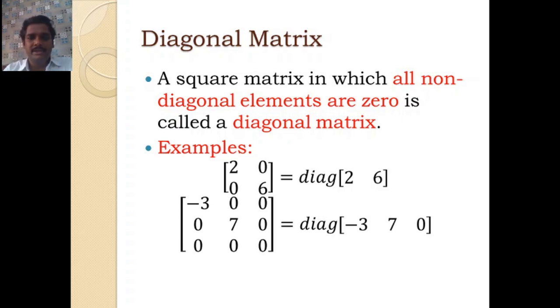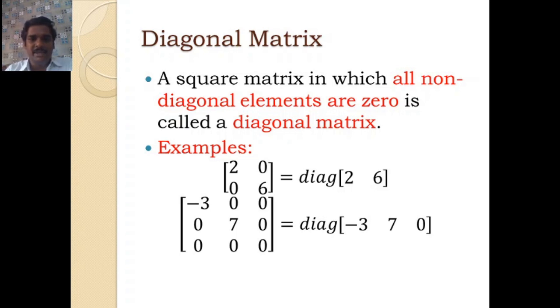I have given two examples over here. The first example is a diagonal matrix of order 2 and second example is a diagonal matrix of order 3. You can see in the first example on the diagonal you have 2 and 6 and rest of the places it's 0, that is non-diagonal element 0.